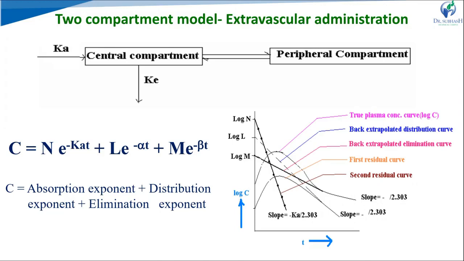So the plasma concentration at any given time is derived by the equation C is equal to N e raised to minus Kat plus L e raised to minus alpha t plus M e raised to minus beta t. Here Ka is the absorption rate constant, alpha is the distribution rate constant, and beta is the elimination rate constant, and the coefficients are L, M, N.